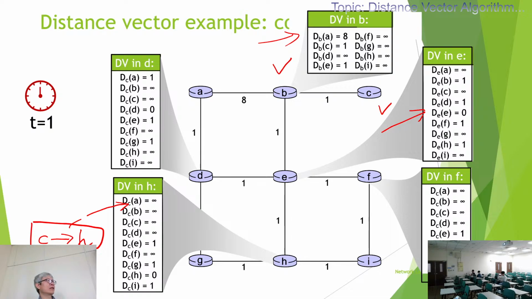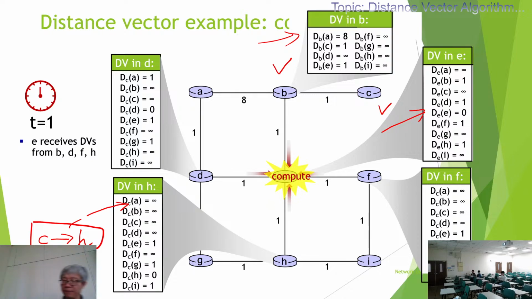So this one, we already have the distance vector update using the Bellman-Ford equation. And same, we can have the computation at the current node E. So I go through quickly.